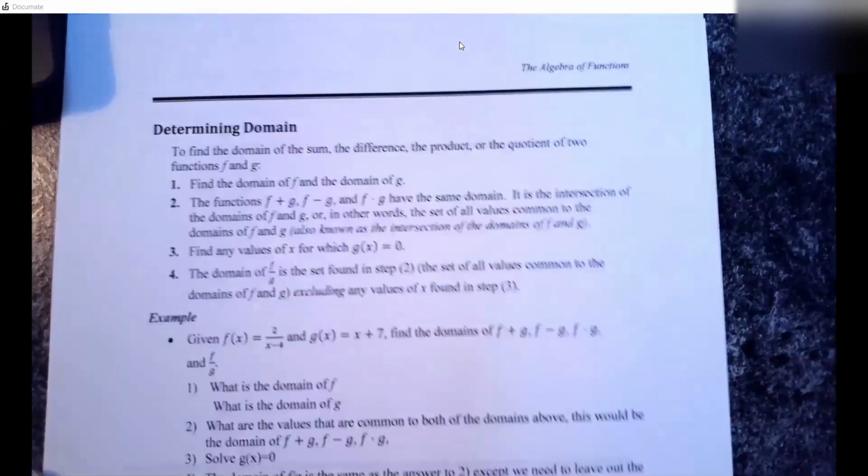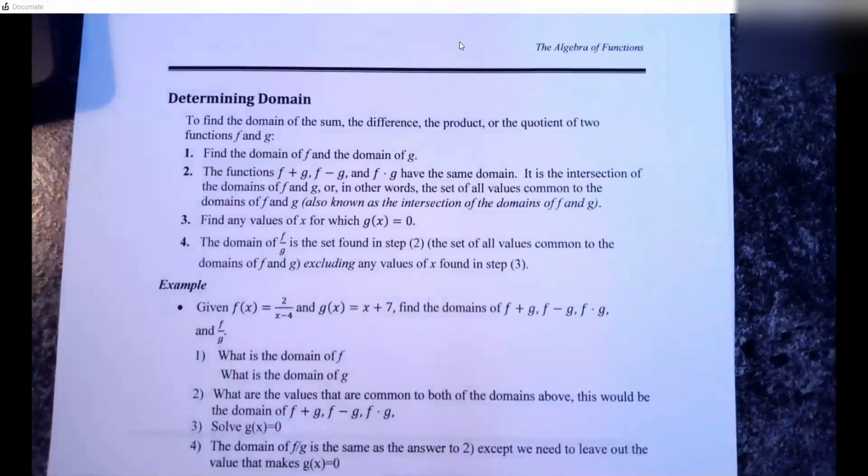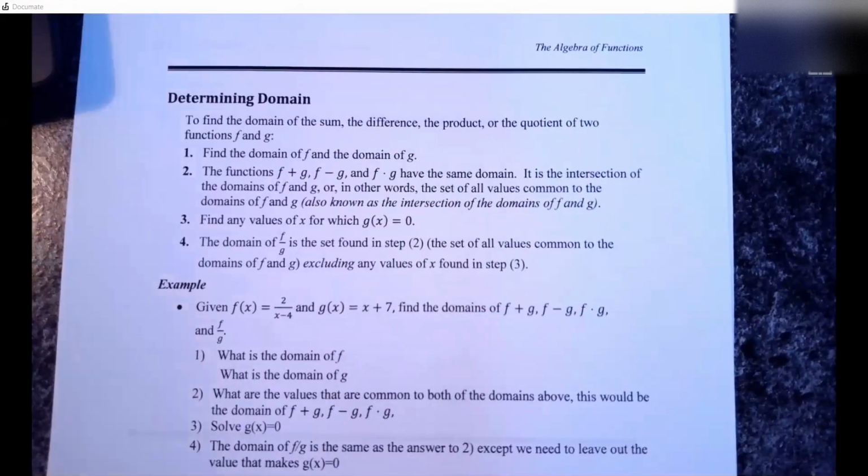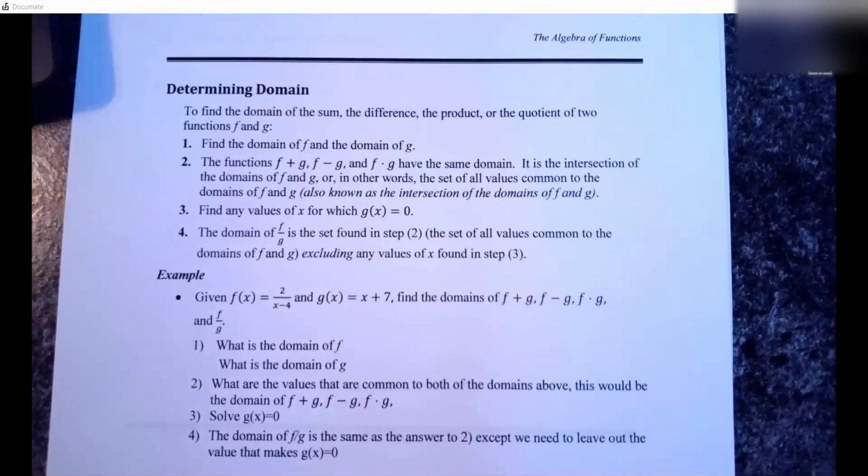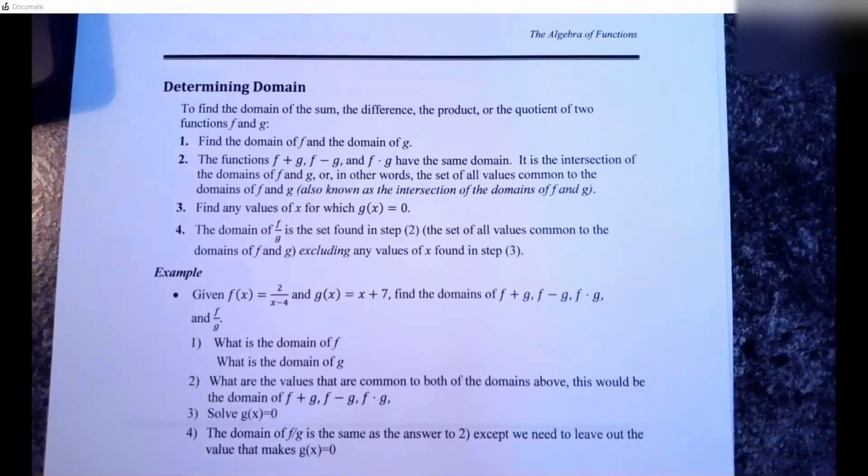All right. Well, finding domains and ranges is often one of the more challenging parts of combining functions. There's a lot going on here, but we have a couple ways we can determine them. When you have functions, let's just call them f and g, and you want to find the domain of the sum, difference, product, or quotient of those two functions, the first thing you need to do is find the domain of f and find the domain of g.